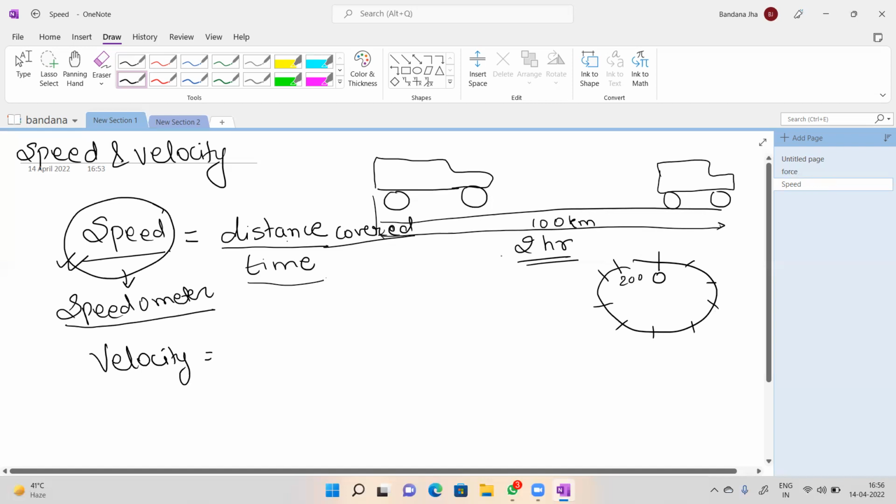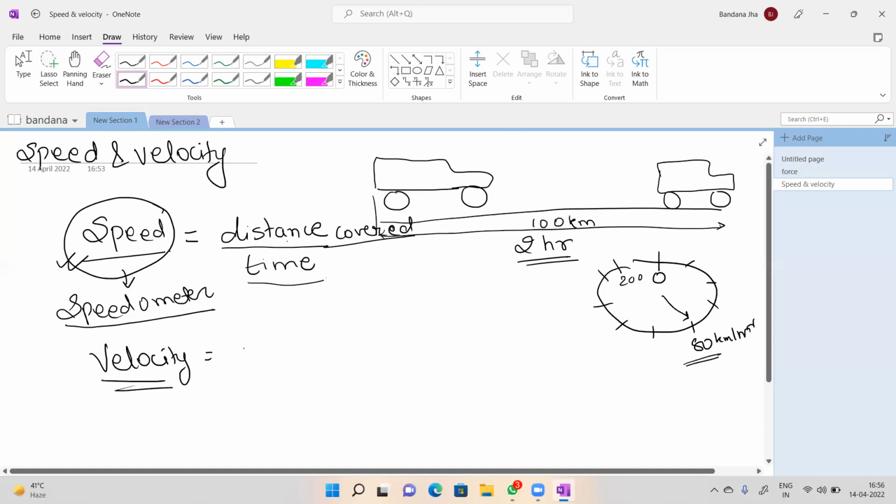Correct? So if it is indicating 80 kilometers per hour, it means my car is traveling at 80 kilometers per hour. Okay, so speed is my total distance covered upon total time taken.